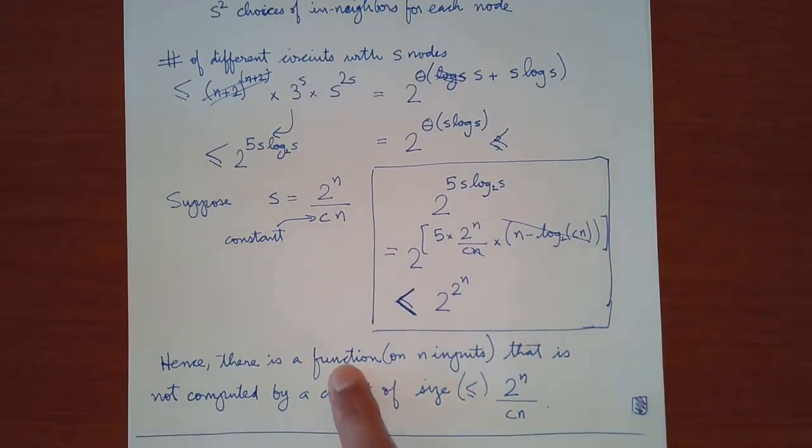So to compute this function, you need at least 2 to the n divided by Cn. And that gives us our lower bound. This is a counting argument.